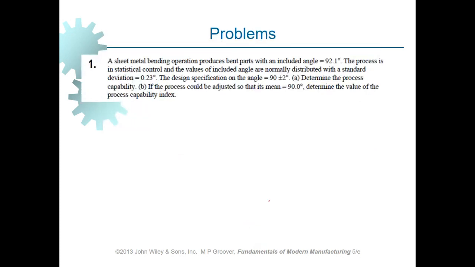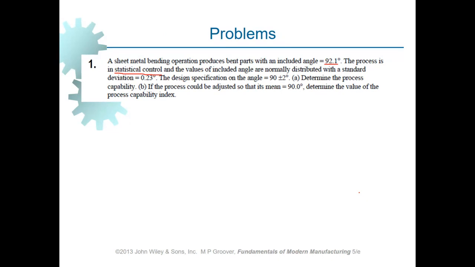Okay, moving on. First problem of the homework problems: a sheet metal bending operation produces bent parts with an included angle of 92.1 degrees. Included angle is this much. The process is in statistical control. What it means, again, we've got to refer to the lecture materials to realize what is meant by statistical control.